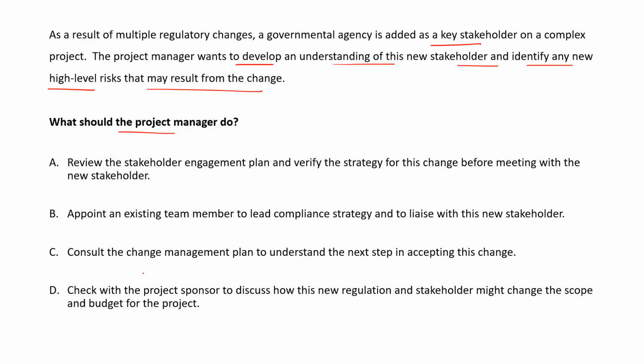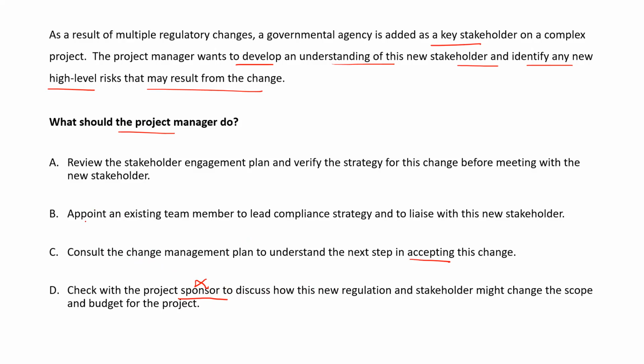If I start reading from the bottom, check with the sponsor. Why are you always going to the sponsor directly? Not possible. I don't know what is written, I will not read further. I found my word, that's it. It's wrong. Consult a change management plan. It's about adding the change and the next step in the change.